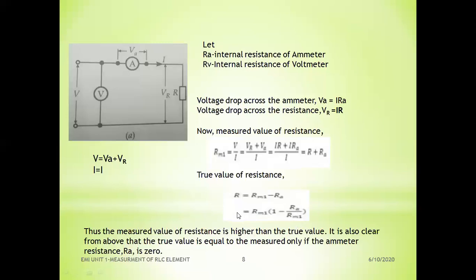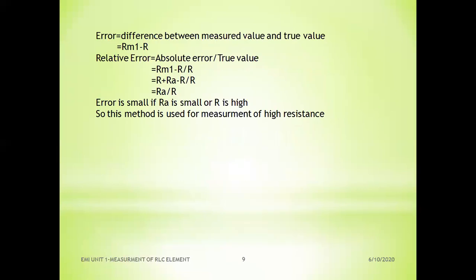So for getting the true value, we would need the internal resistance of the ammeter to be 0. But this is not practically possible because an ammeter always has some internal resistance. Its internal resistance cannot be 0. Okay, so that means this gives some kind of error.